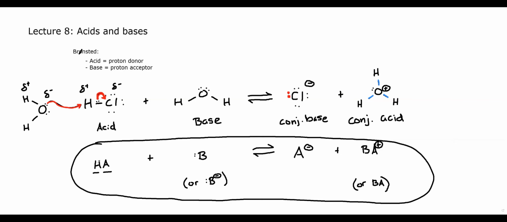It has a hydrogen that could be donated. So HA, meaning an acid with hydrogen, plus a base, B, and the base could either just be something with a lone pair, right? Anything with a lone pair, or it could be something that's negatively charged, as we'll see.